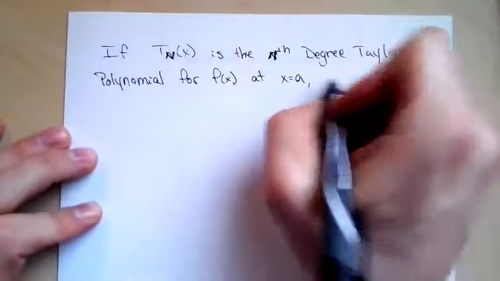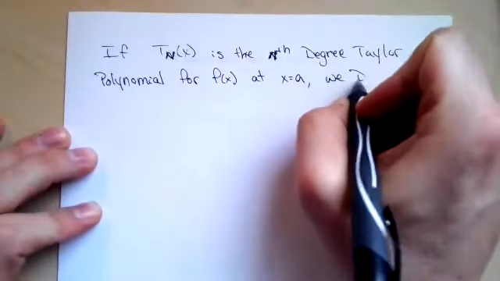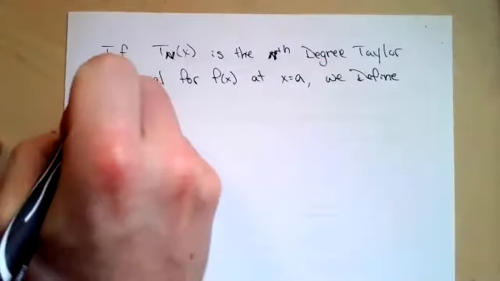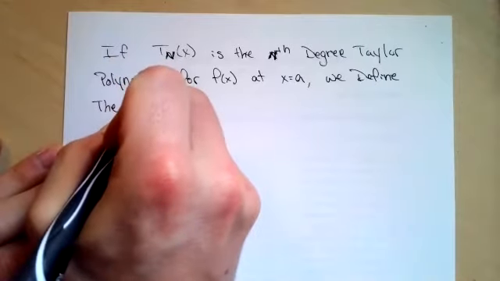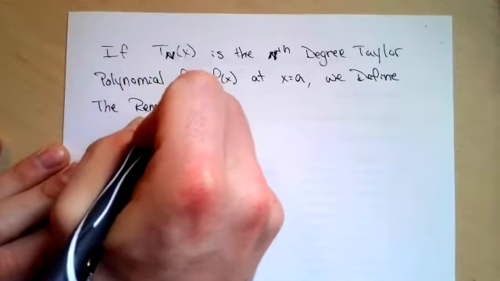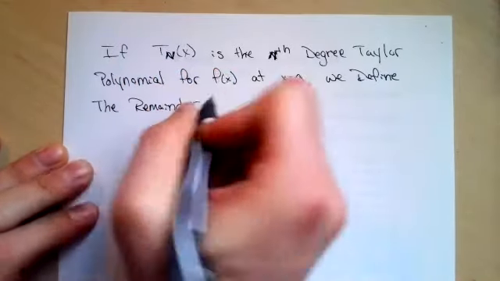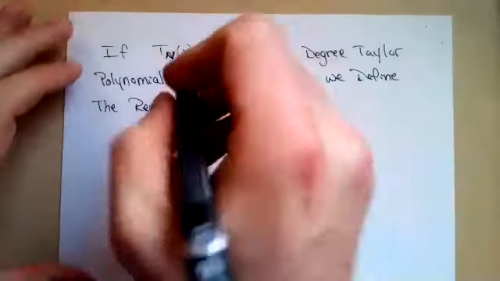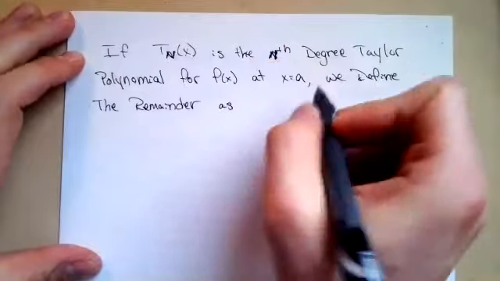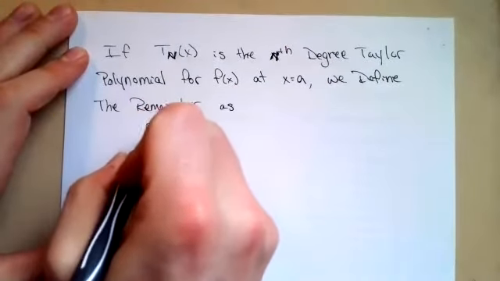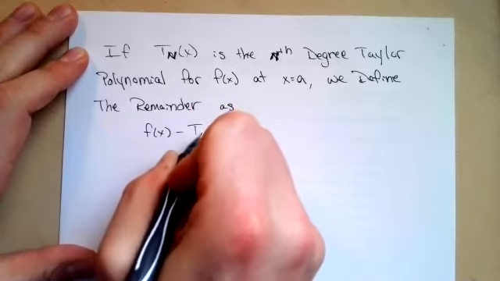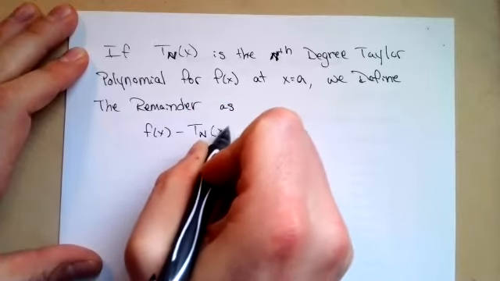Then we define the remainder, which you can really think of as the error, as f of x minus this polynomial.